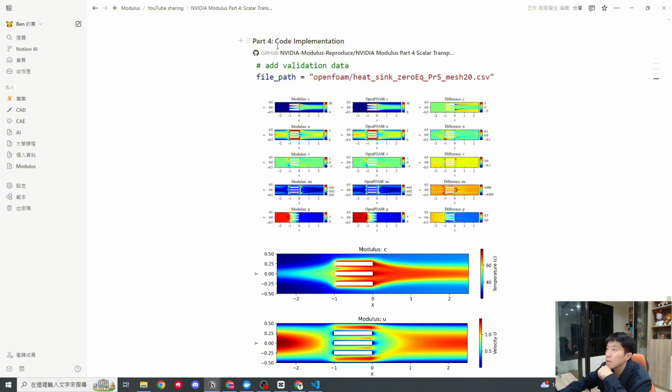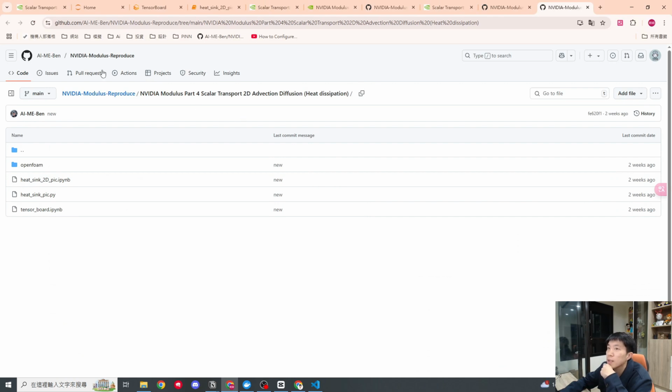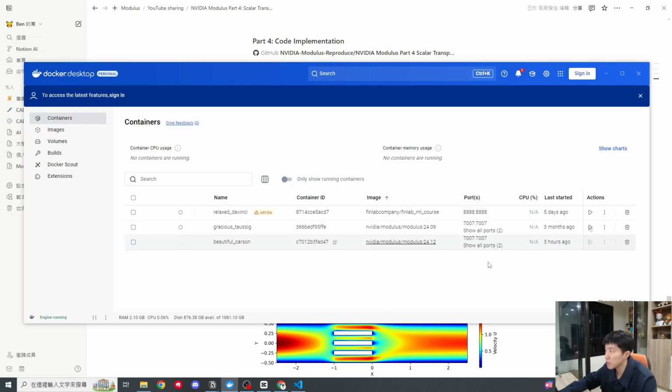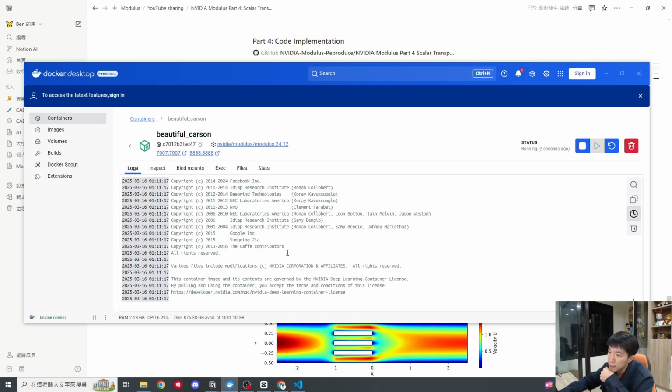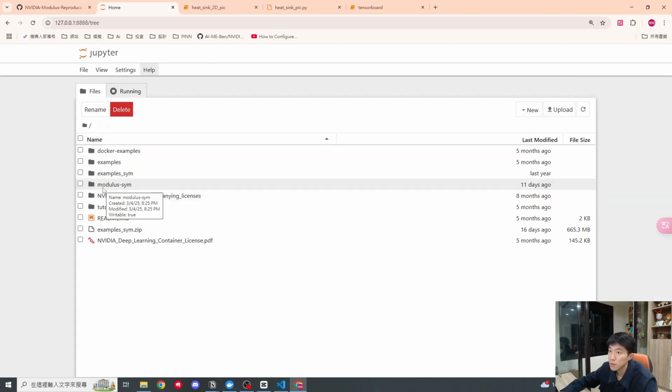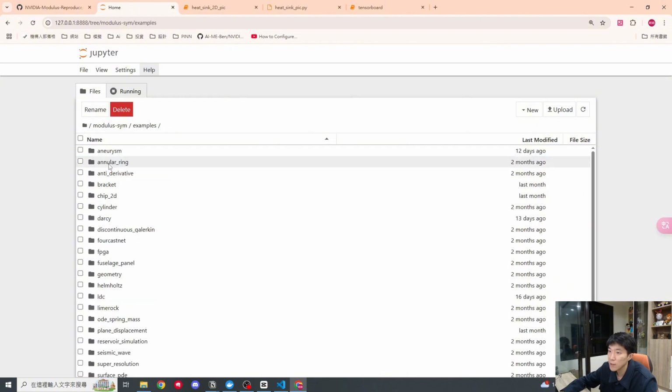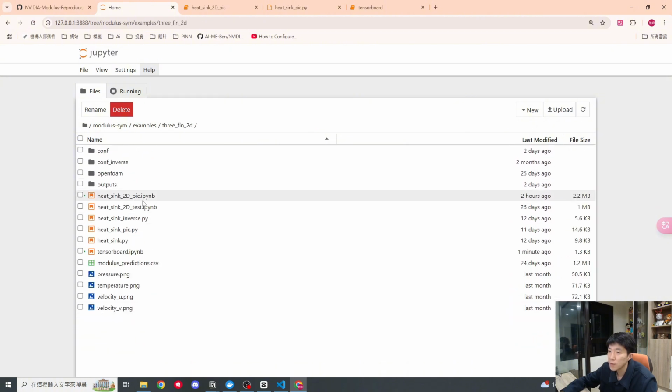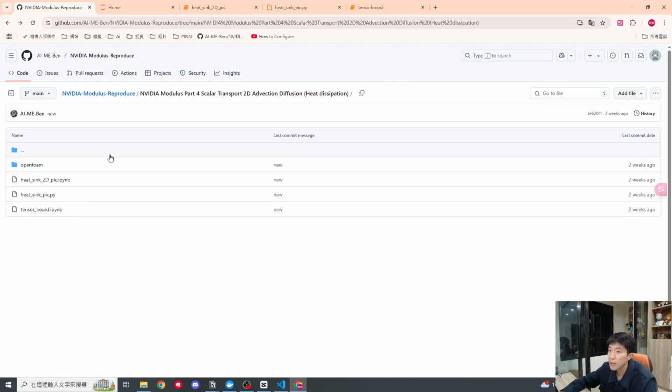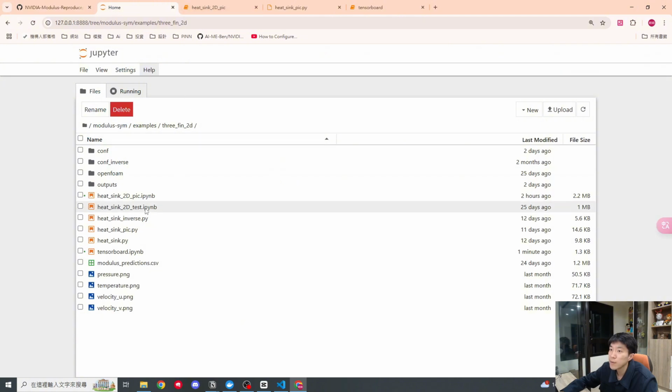In part 4, we dive into code implementation, and you can go to my GitHub page and download this Python file and open your Jupyter notebook. So we need to use Modulus example 3D 2D, and you can copy this OpenFOAM CSV file and these 3 Python files into this page.